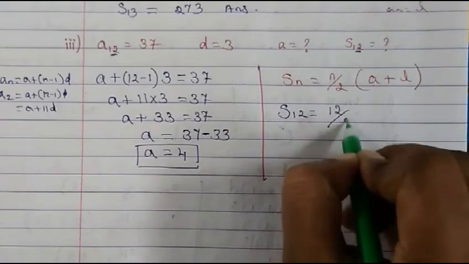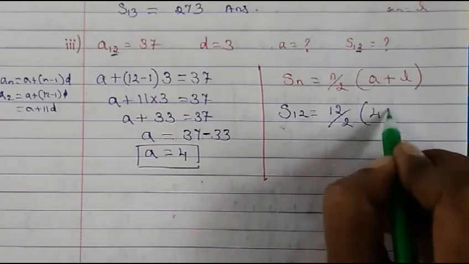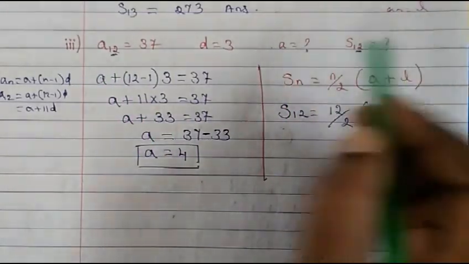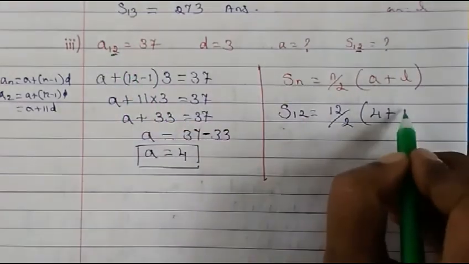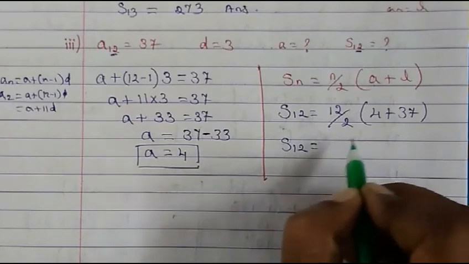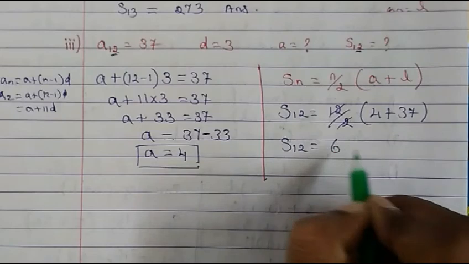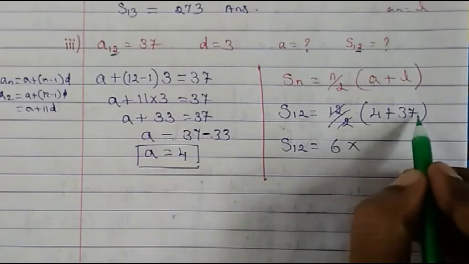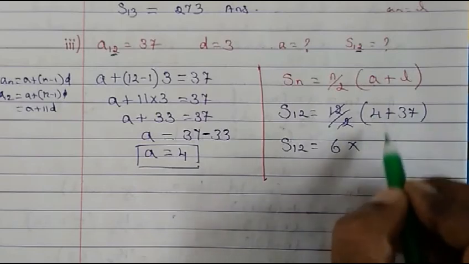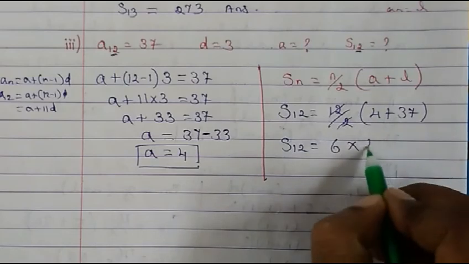So 12 upon 2, a we found is 4, and the last term l equals An, so the last term is 37. S12 equals 12 divided by 2, which is 6, times (37 plus 4), which gives us 41.